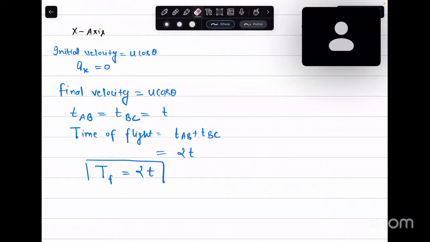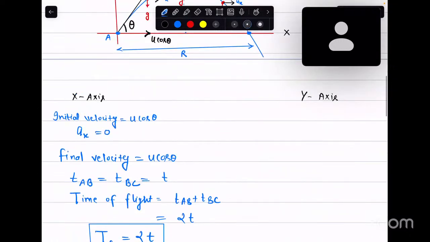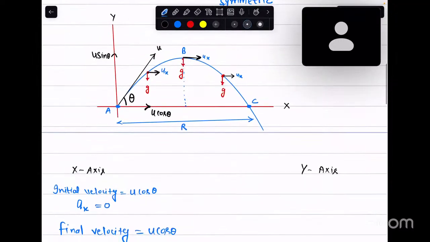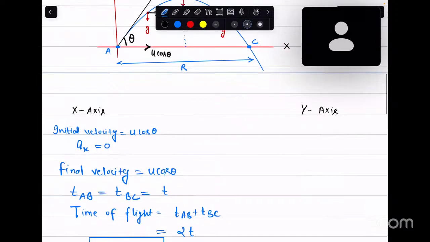Now how will we find small t? That is a derivation from where we get the value of small t, and it happens in the y-axis. So let's look at the y-axis. What's happening in the y-axis? The initial velocity is u sine theta, and there is acceleration in the y direction which is downward, that is minus g.